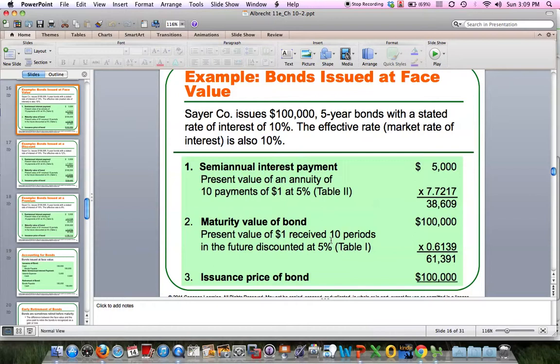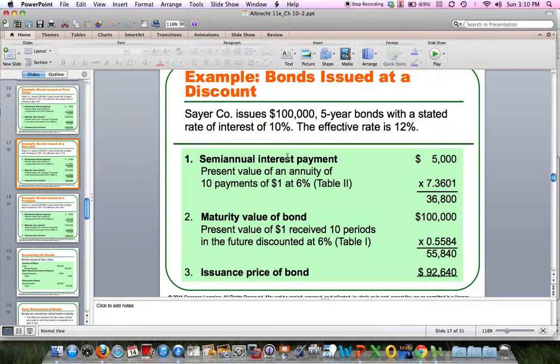So 10 periods, 5%, and that gives me this factor here. 61,391 is the present value of the $100,000 to be paid in 5 years. The present value of all the interest payments is 38,609. So together that's $100,000, because the stated rate and the market rate are both 10%.